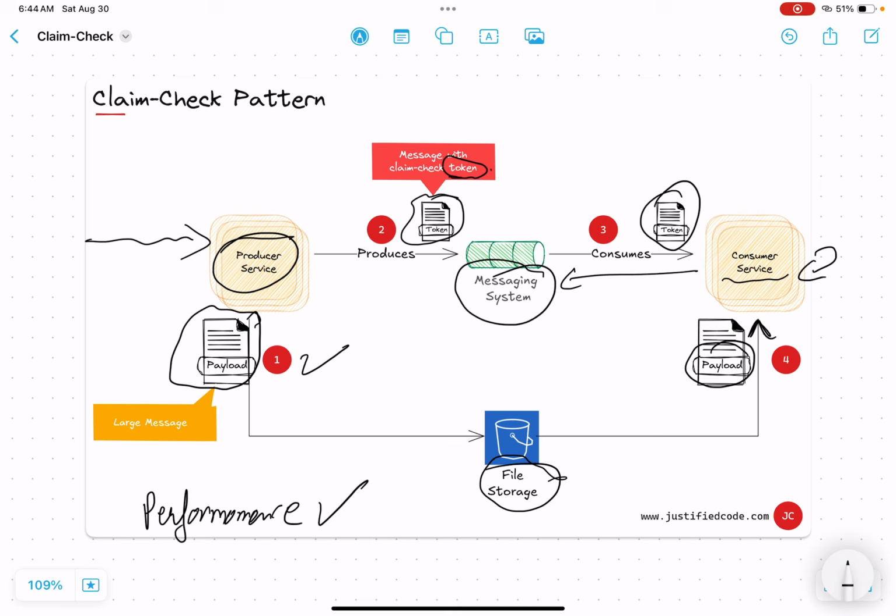No more serialization and deserialization, encryption and decryption of messages of 100 megabytes and the like. From the cost perspective, you are still in a fine situation, still under the limit, committing to default constraints recommended by the messaging system. You can even go into message brokers that are cost effective, that are affordable for this specific pattern.